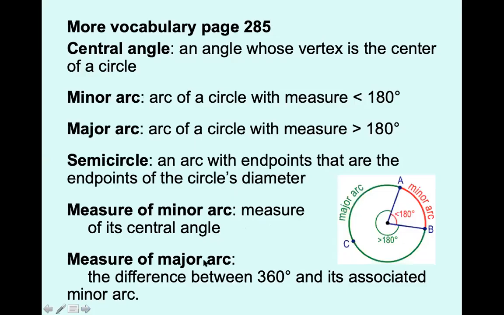All right, so this time we're moving on to section 10.2. This time it talks about central angles and arcs. A central angle is an angle whose vertex is at the center. So if I look here in this picture, let's get my pen back so you can see that.